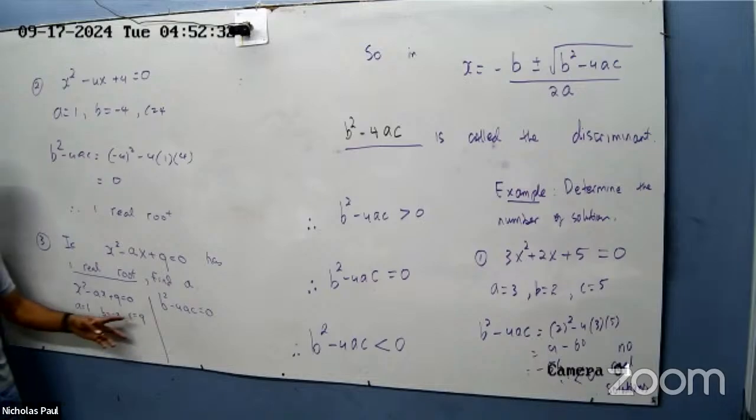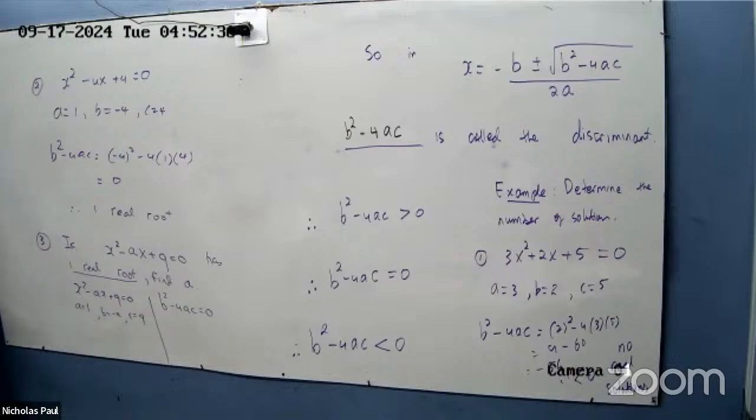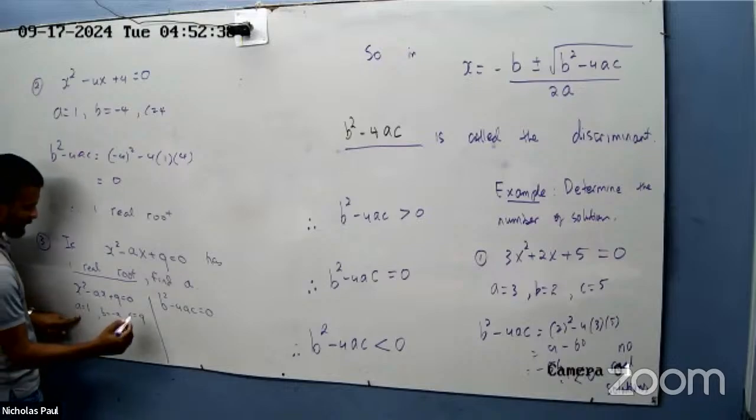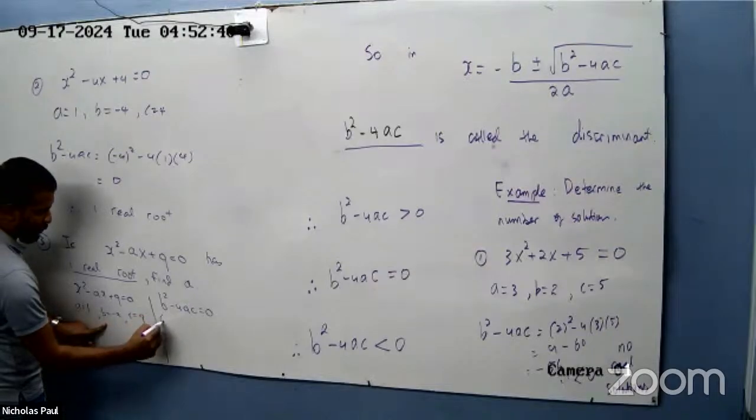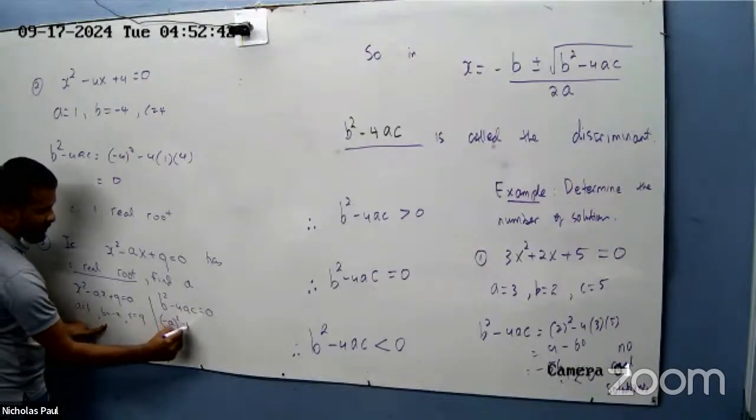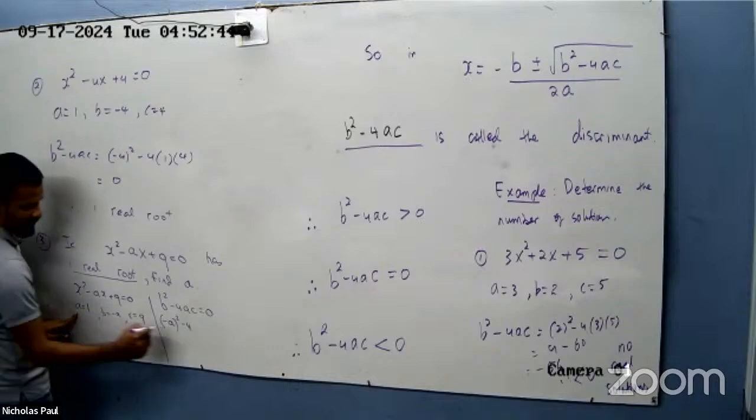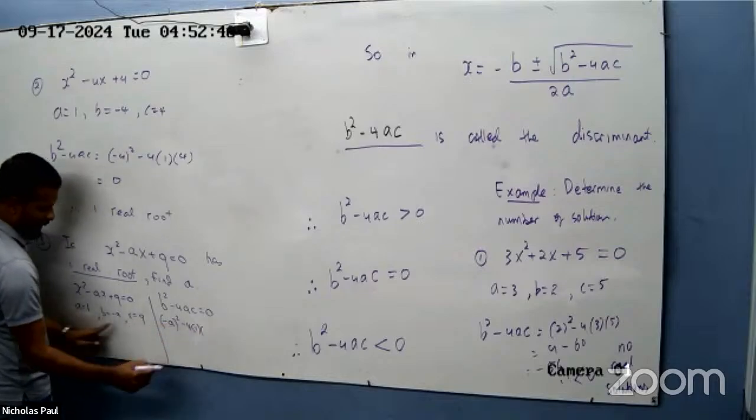What can I do now to link these two things? Substitute. So I could put b squared as minus a squared, I could put a as 1, and I could put c as 9.